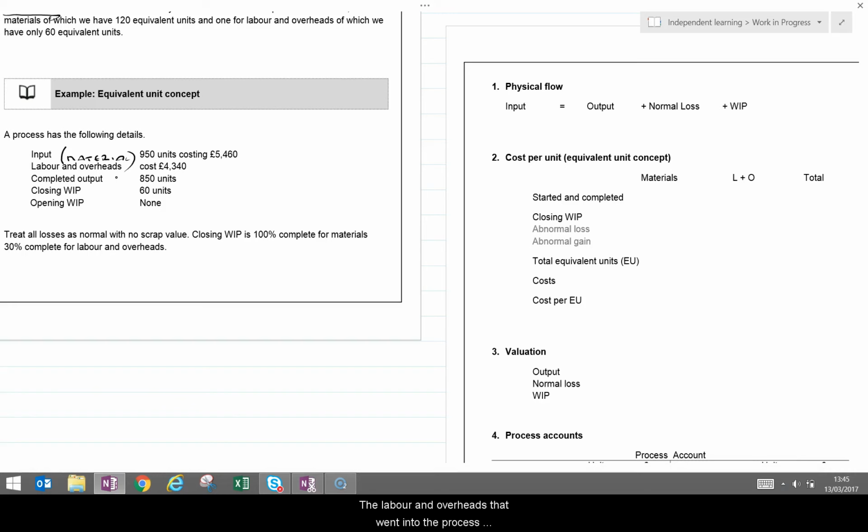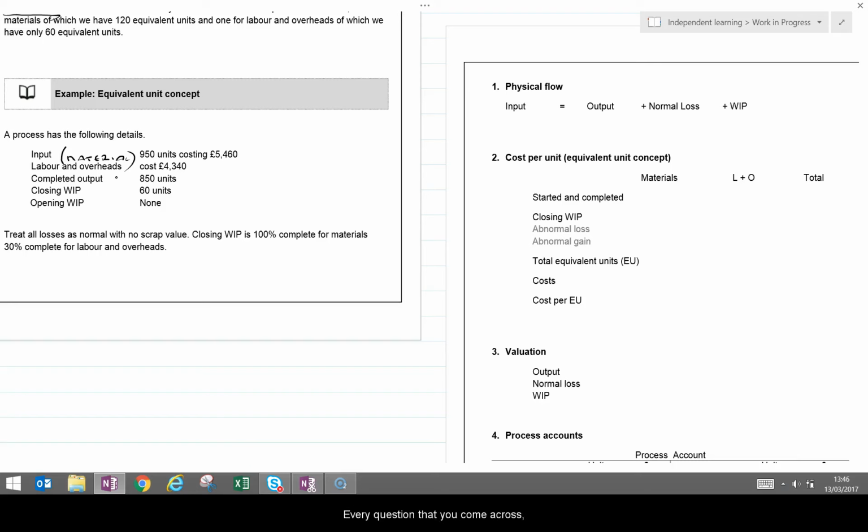The labour and overheads that went into the process cost us £4,340. We have 850 completed units, and we have a closing work in progress of 60 units. There was no opening work in progress.